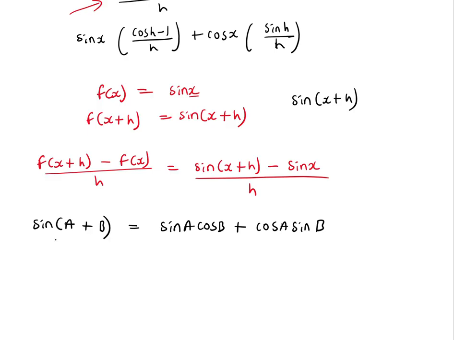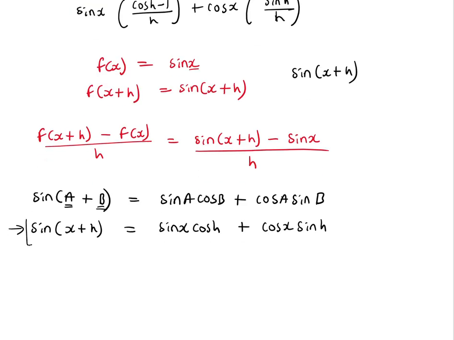So if I replace the a with the x and the b with the h, what I get is sine x plus h is equal to sine x cos h plus cos x sine h. So this will be the expression for sine x plus h.